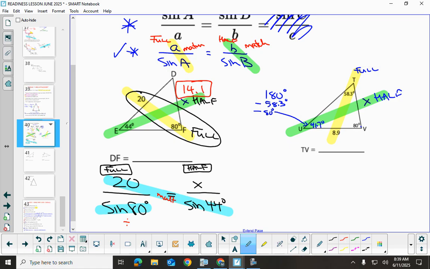Now do I have a half set? So you have a full set, you have a half set. Yes? Okay. So start with your full. For your full, you're going to go side over angle. For your half, you go side over angle.